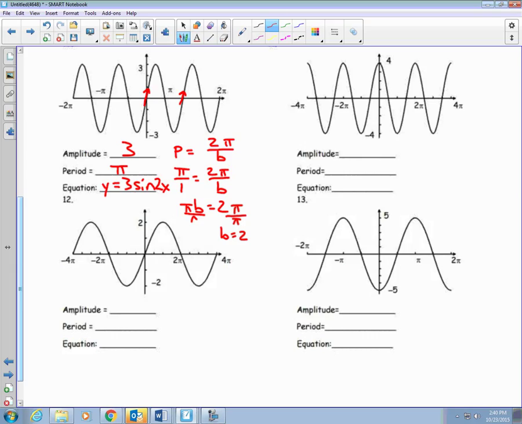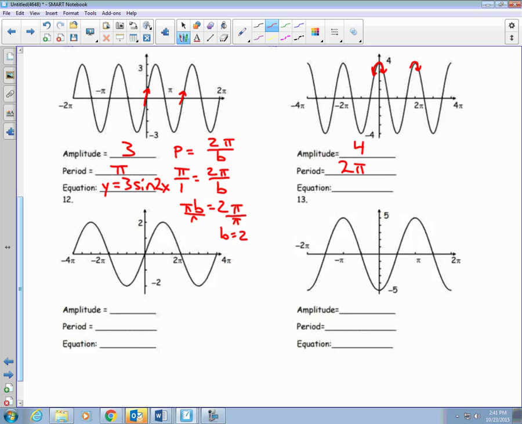What's the amplitude? 4. Period. You tell me when I get to the same spot right there, okay? Yes. So how long is that? 2 pi, okay? So the period is 2 pi. Is this a sine graph or is this a cosine graph?